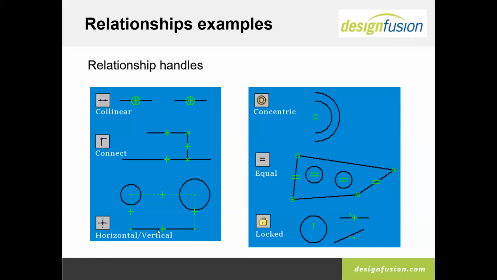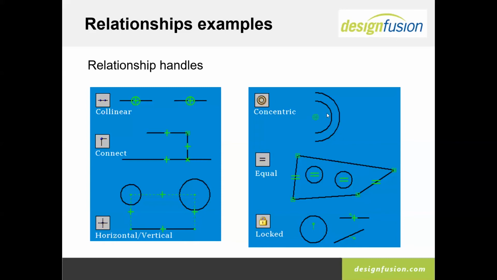This is showing me that this is a horizontal line. This is showing me here that there's a vertical relationship between the center point and the end point. We have horizontal relationships between these two center points, and we have a vertical relationship from center point to end point.